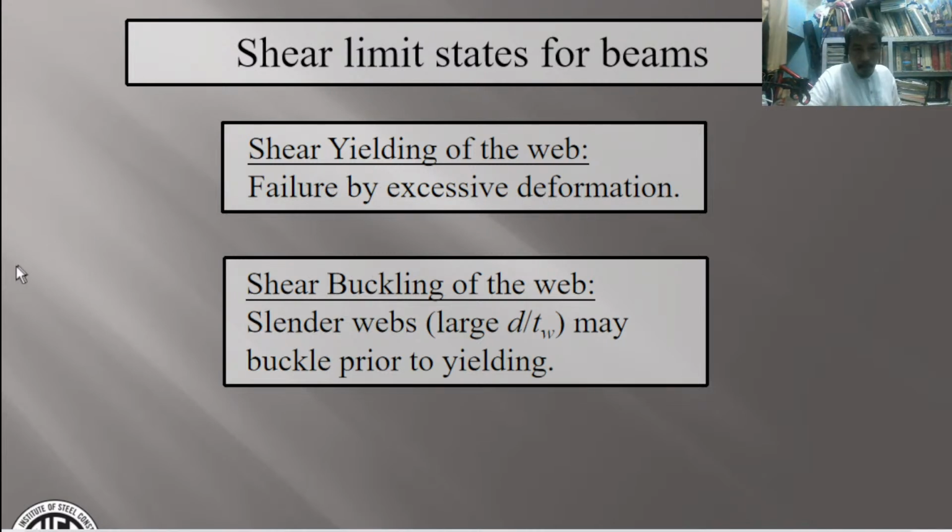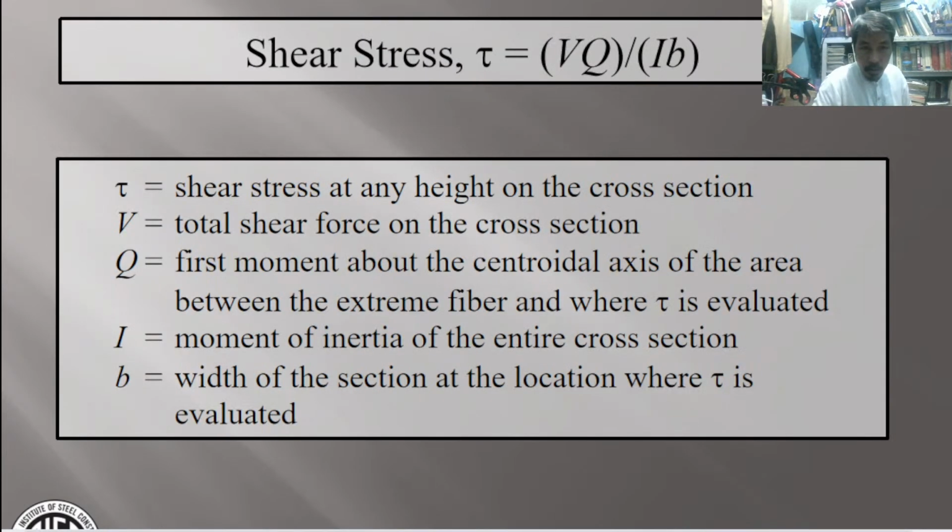Okay. For shear stress, this is from strength of materials, theory of structures, or mechanics of deformable bodies. Shear stress is equal to VQ over Ib. Q is the first moment about the central axis.